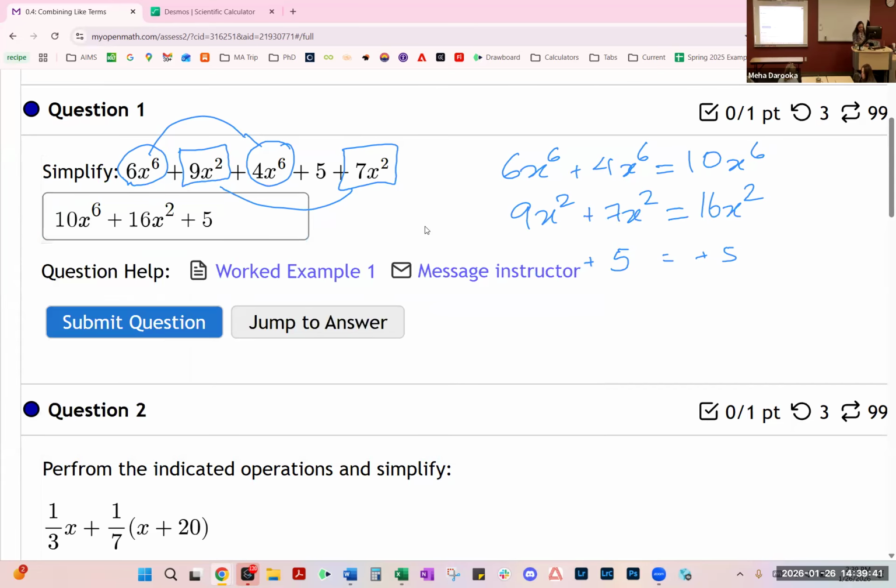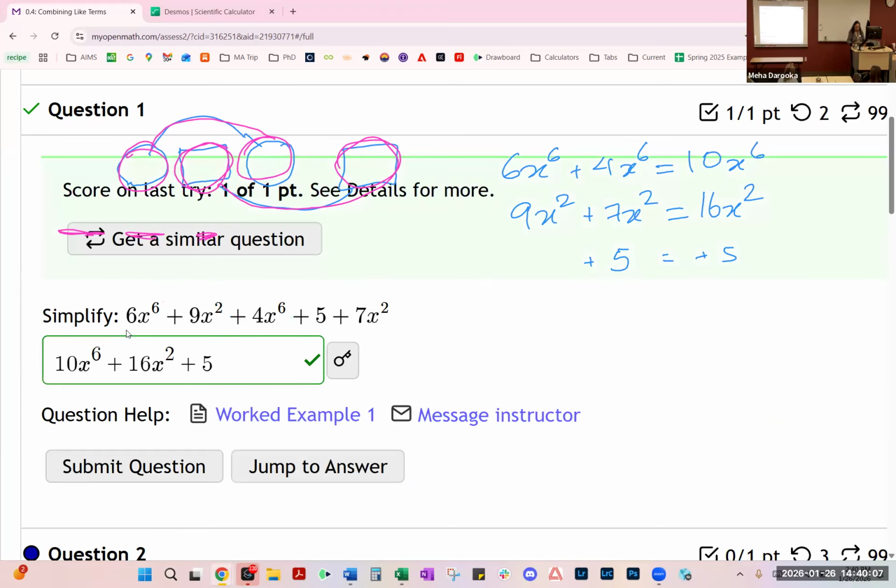So again, basically, we combined the like terms. That gave us the 10x to the 6th. Then we combined the 9x squared with the 7x squared, which is where the 16x squared came from. And then you were left with the 5, which of course needs to be put at the end because that was the only one that did not have a common term to combine it with.